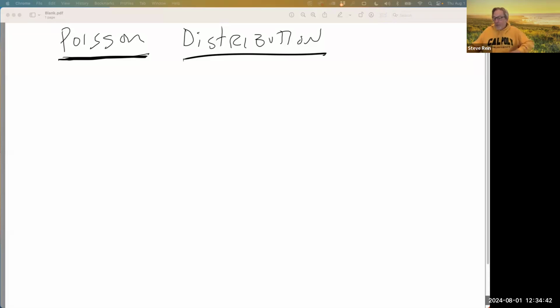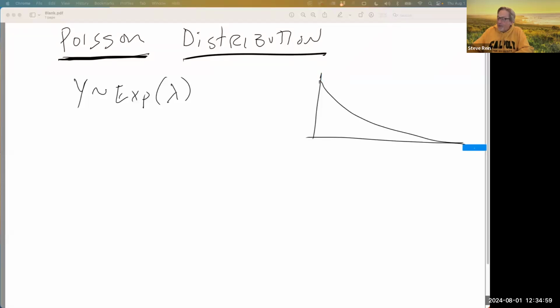Okay, start slow. If we have the time between calls, and that's y, let's say it's exponential with parameter lambda. And we talked yesterday about the exponential distribution, and that says f of y looks like that.